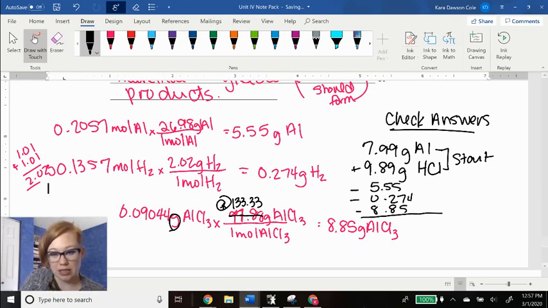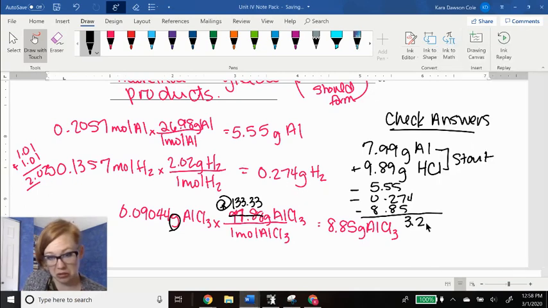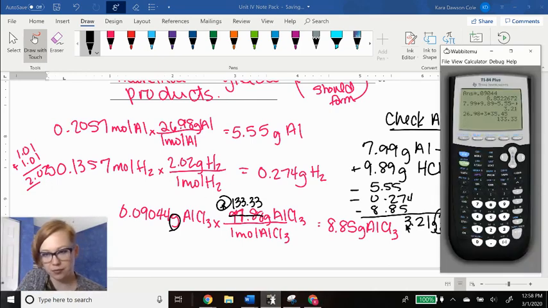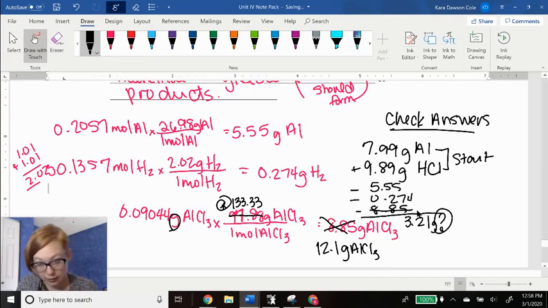Okay, because this all came out to being like a positive 3.21. All right, so now let's recalculate this guy. And that gives me 12.1. All right, now let's check this again.